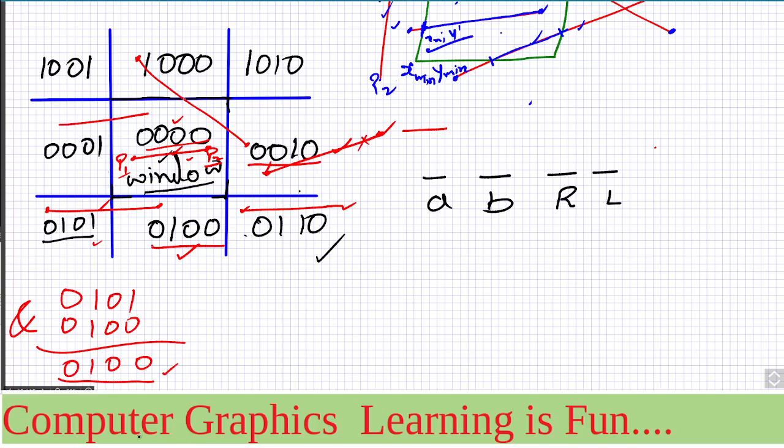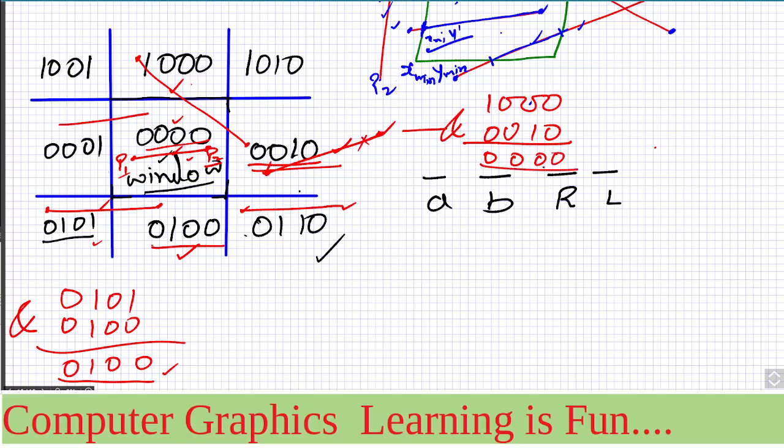Let us try for another line. This line seems to be passing. Let us check for this. One endpoint is 1,0,0,0 and another is 0,0,1,0. Let us take an AND operation. It is 0,0,0,0.